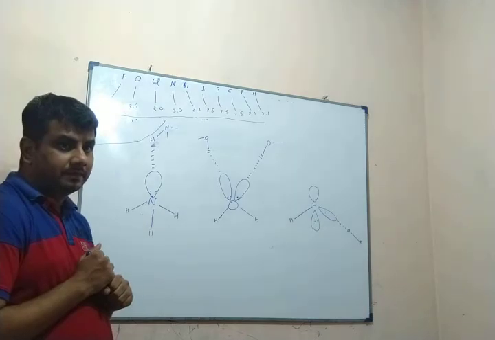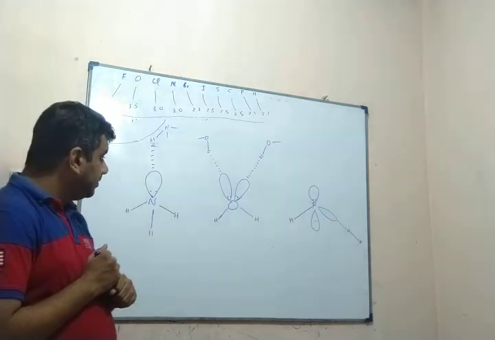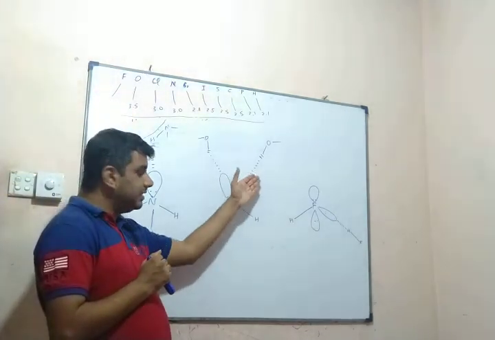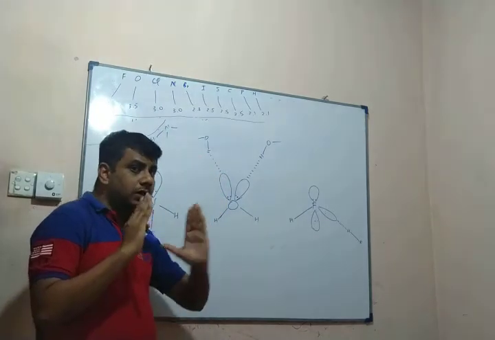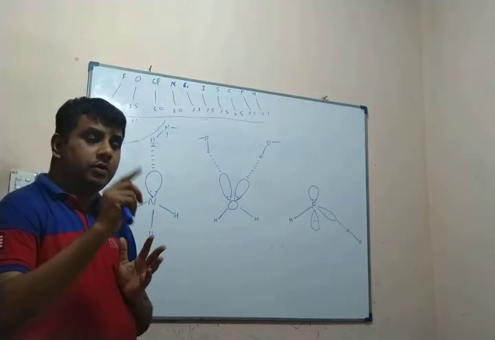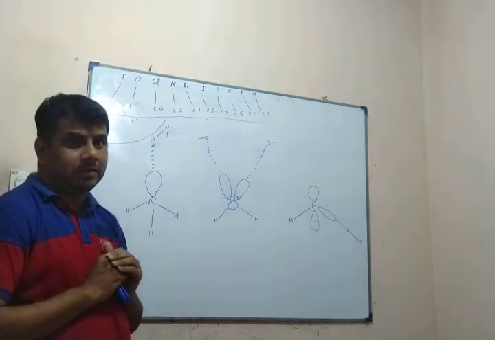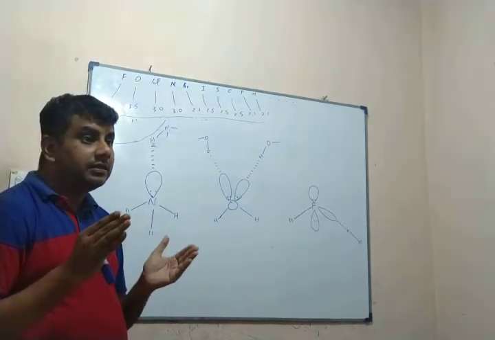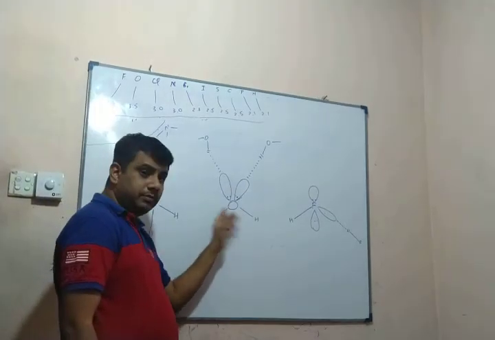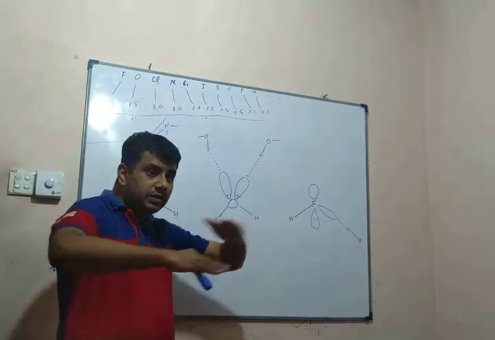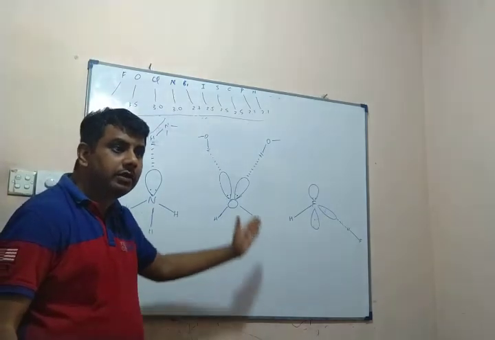Why? Why can you see this orderly or regular arrangement only in solid? Because solid particles are immobile. Liquid particles and gaseous particles are mobile. All molecules are continuously moving. So how can you see this?